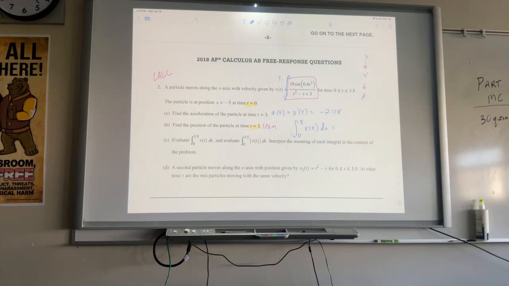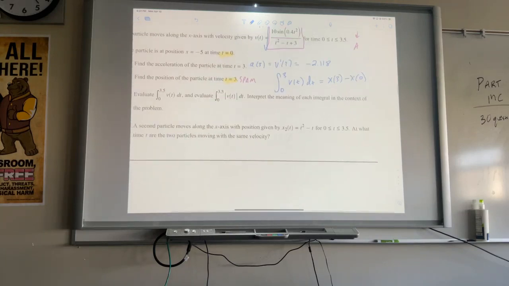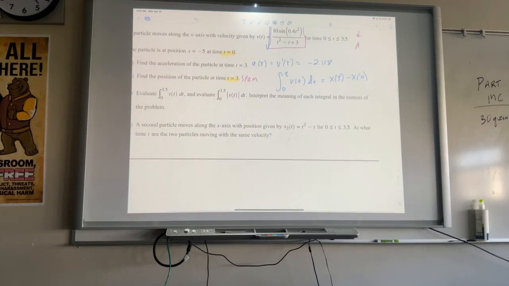Spam is basically this equals the position at 3 minus the position at 0. This position at 0 is -5. Do you guys understand that spam is just this with that brought to the other side? You don't need to type it.